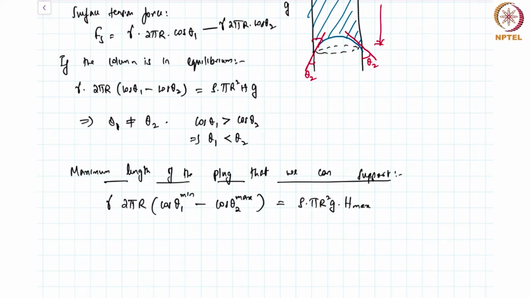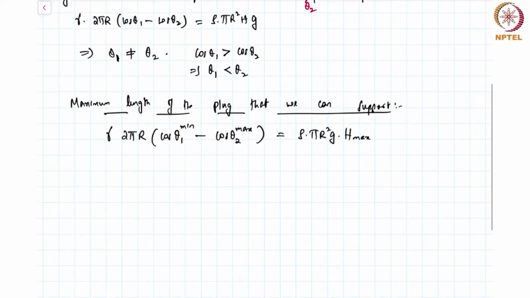If I want to maximize the amount of liquid in this plug, I have to make the difference between cosine of theta 1 and cosine of theta 2 larger. One way to do this is to make the difference between theta 1 and theta 2 larger, so I make theta 1 as small as I can and theta 2 as large as I can.